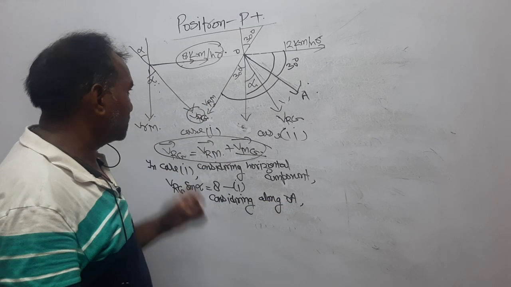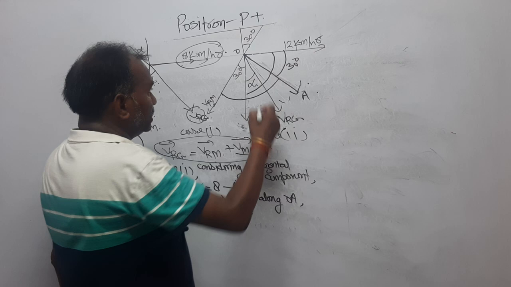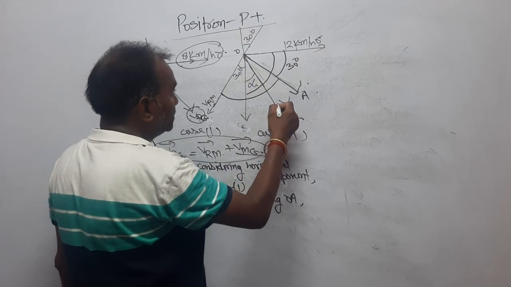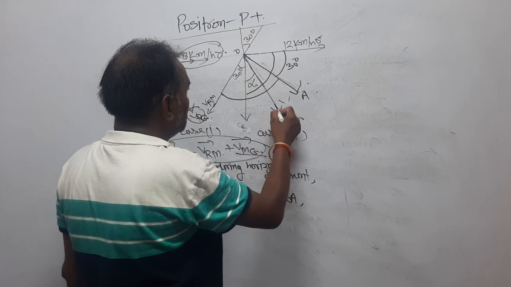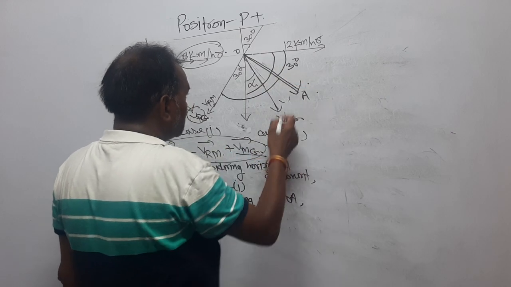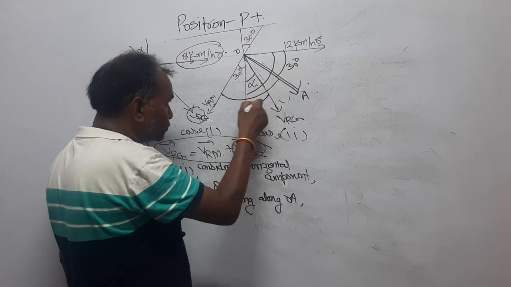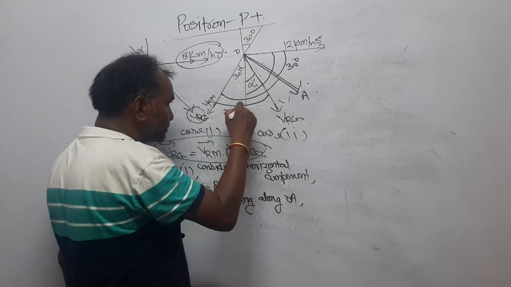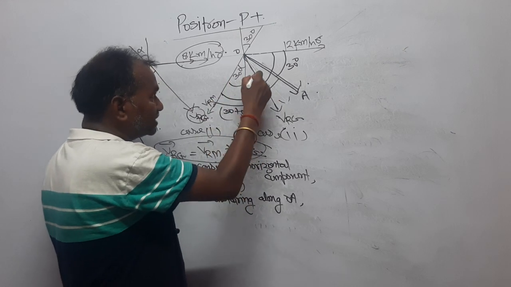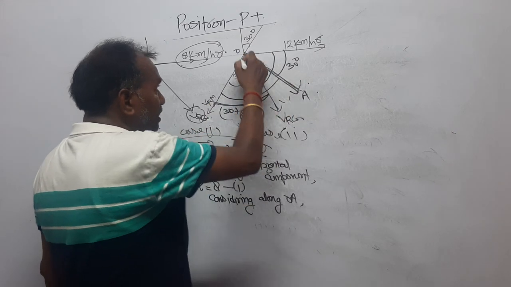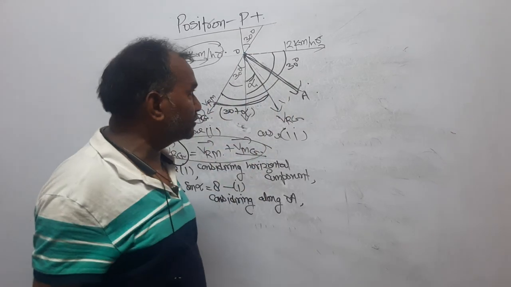now let's talk along OA. VRG is what? This is a component along OA, right? Now dear student, this angle is alpha, this whole angle is 30 plus alpha. Look here, this is 30, this is alpha, so it is 30 plus alpha. Now these two are rectangular components, perpendicular components.